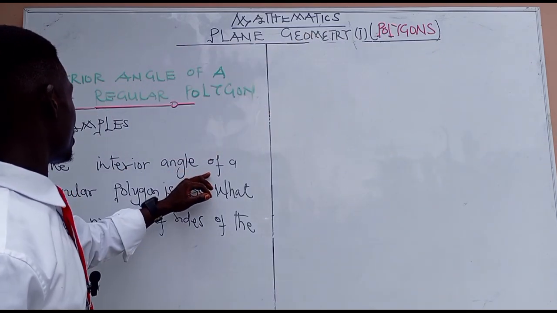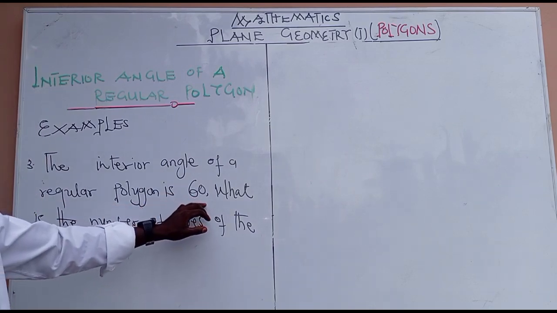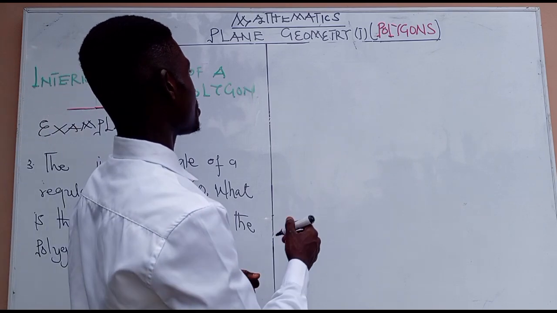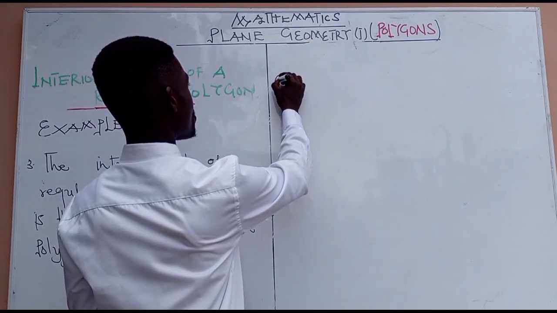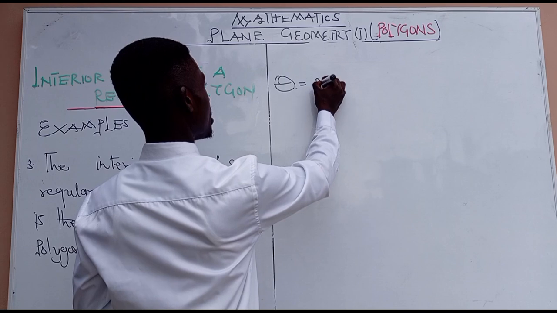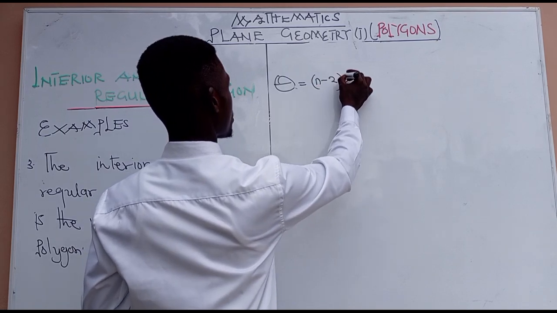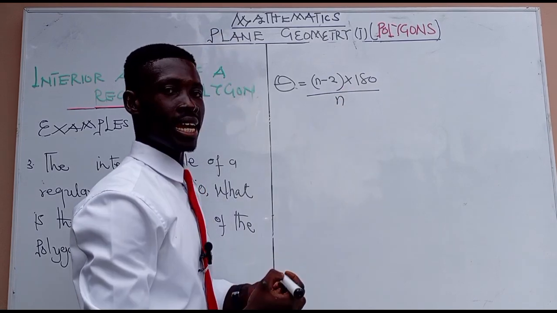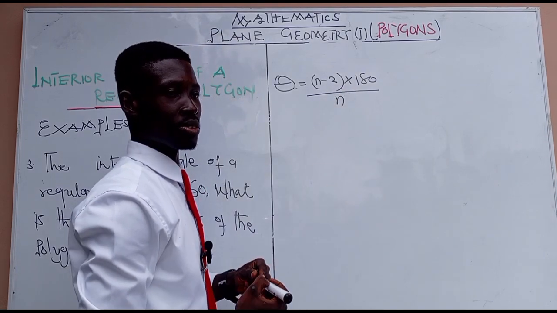So the interior angle of a regular polygon is 60. What is the number of sides of that polygon? The interior angle of a regular polygon is given by (n minus 2) times 180 divided by n, where n is the number of sides of the polygon.